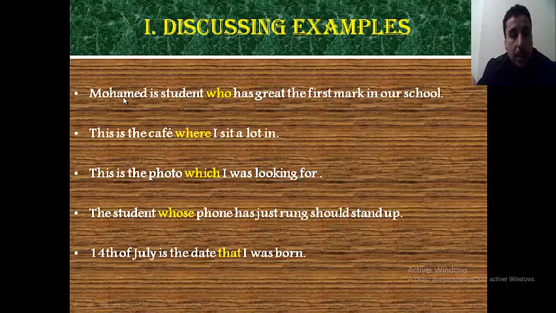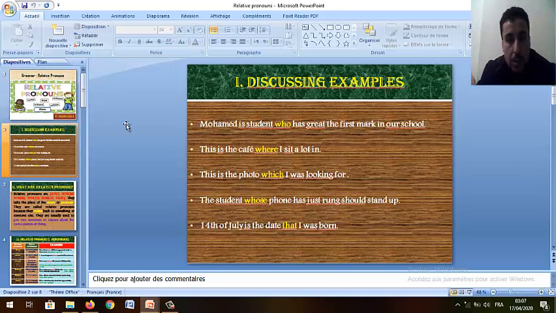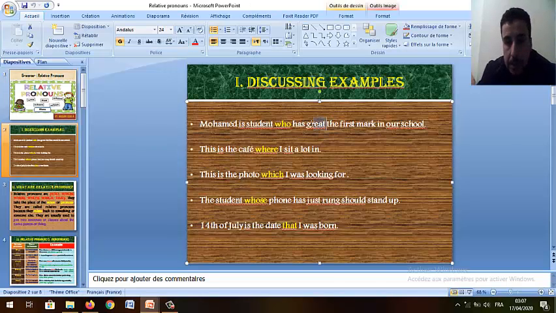So, for example, we have here: Muhammad is a student who has the first mark in our school. Sorry, this is a mistake, so we have to omit this "great". Okay, sorry, just one minute.